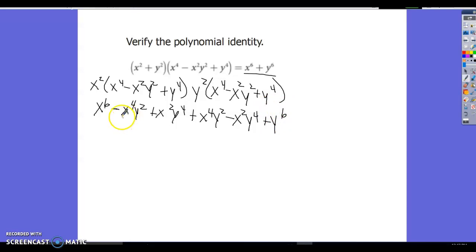All right, now we have a negative x to the fourth y squared and a positive x to the fourth y squared, so those cancel. And we have an x squared y to the fourth and a negative x squared y to the fourth, and those cancel. So we have x to the sixth plus y to the sixth. And that is what we started with. So we have, again, verified this polynomial identity.